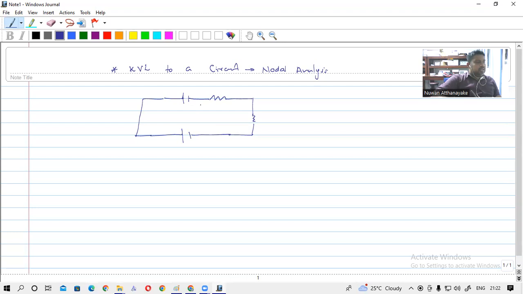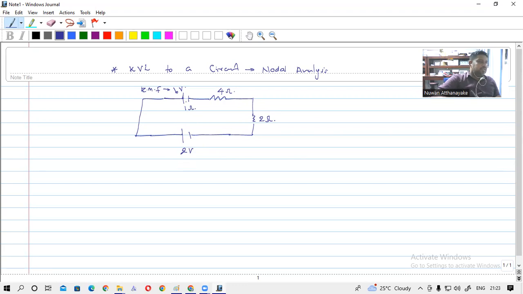And here, let's say that this resistor is 4 ohm, and this voltage is 6 volt, the battery voltage, EMF, electromotive force of this battery is 6 volt, and it has 1 ohm internal resistance. And let's say that this resistor is 2 ohm.